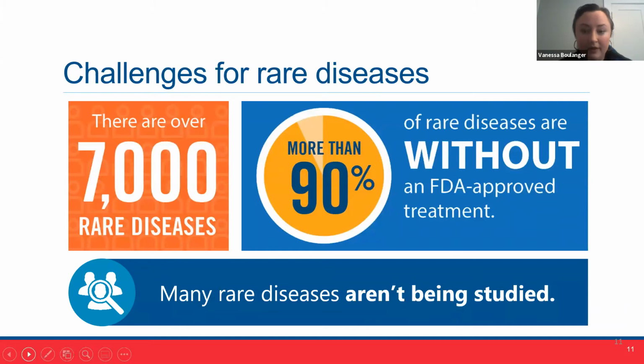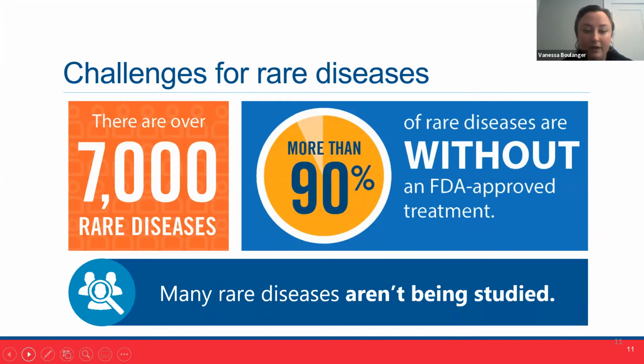So since I work in the rare disease community at NORD, I'll just focus in on a few of the specific challenges and then how patient registries and natural history studies are tools that can help to create solutions. So there are over 7,000 known rare diseases with new rare conditions being discovered each year, with estimates around 250 new diseases being discovered each year.